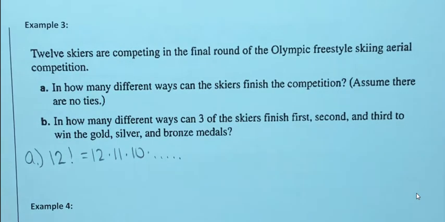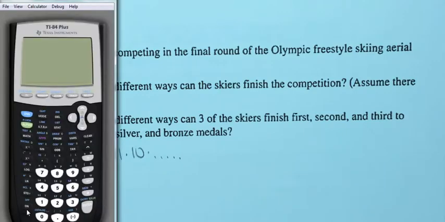So let me show you how to do this on the calculator. Get your calculator out. We want 12 factorial. So you're going to do 12, and then hit the math key, and go all the way over to probability. You can see number 4, there's a factorial. You can also see number 2. Doesn't that look like what we just wrote? n permutation r.